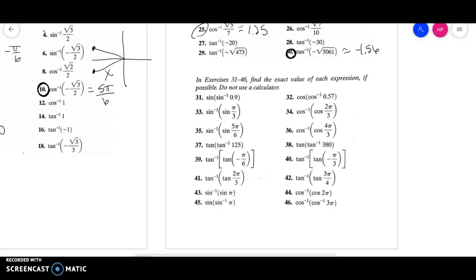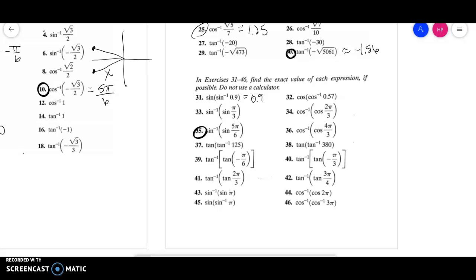So if we have the sine of the sine inverse of 0.9, then whenever we work through that, we do end up just kicking back the 0.9 for my inverse. So let's find one where that doesn't happen. Let's look at 35. So this again, because it's the sine inverse of the sine at 5 pi over 6.